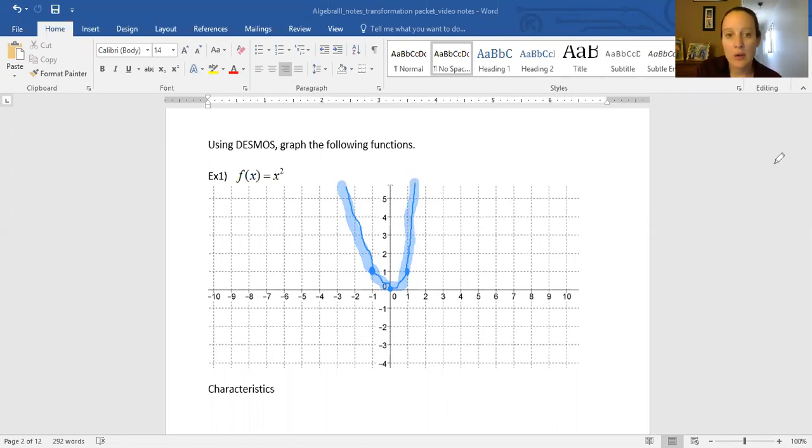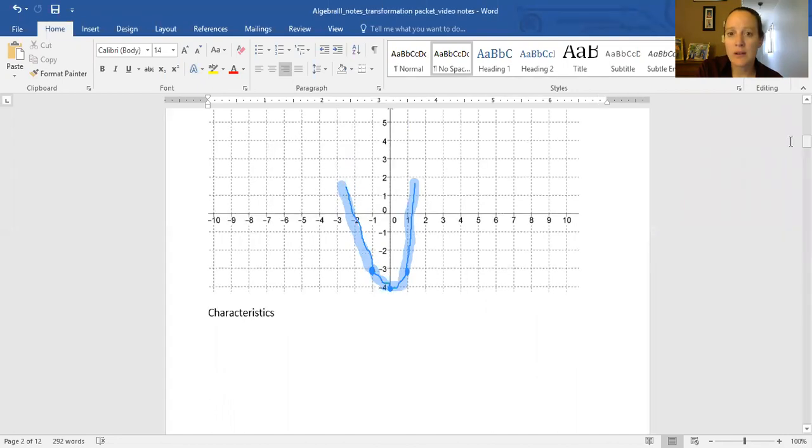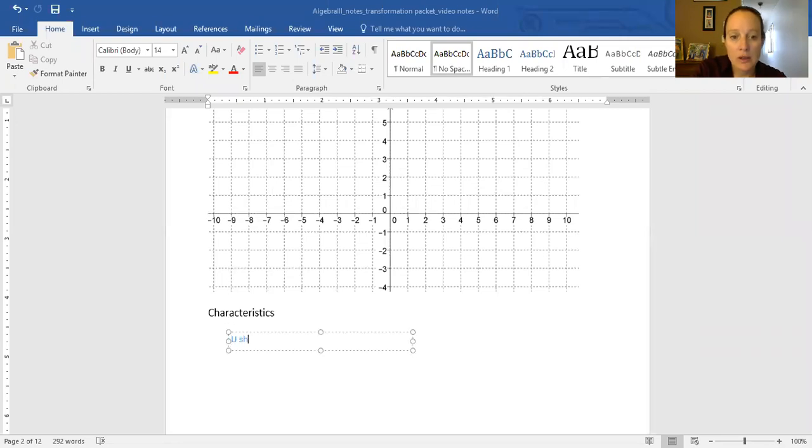Now here, I want you to be able to make some characteristics. Okay, so what do I mean by characteristics? Well, let's take a look at this graph. Well, we know that it is U-shaped.